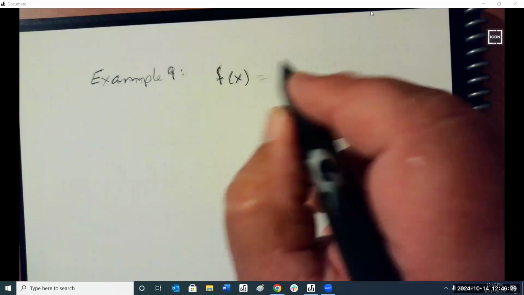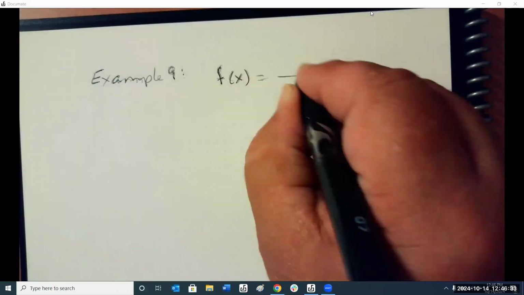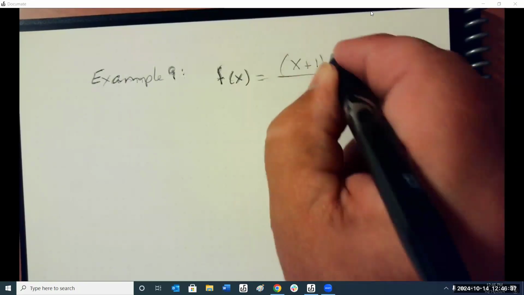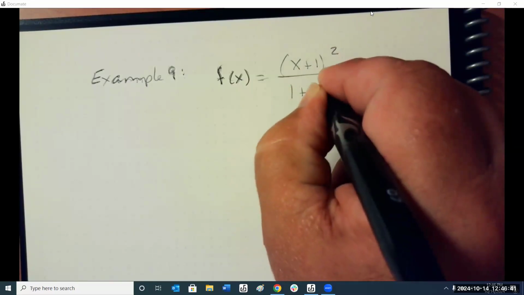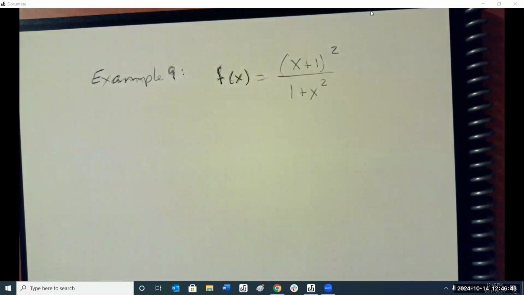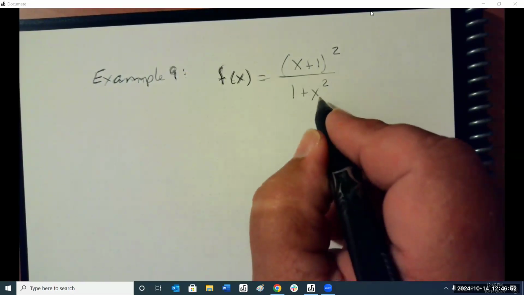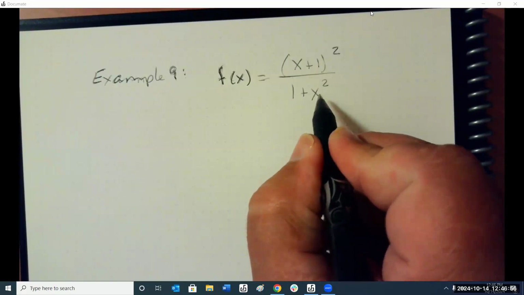So example 9 says sketch this function: x plus 1 squared over 1 plus x squared. The bottom can never be 0 because that's always a positive number.